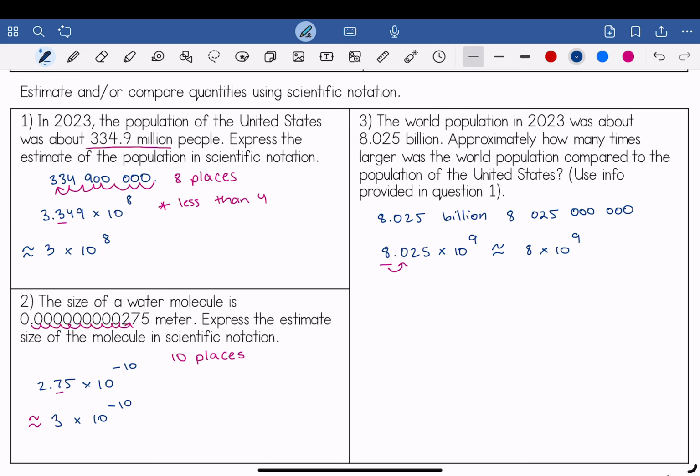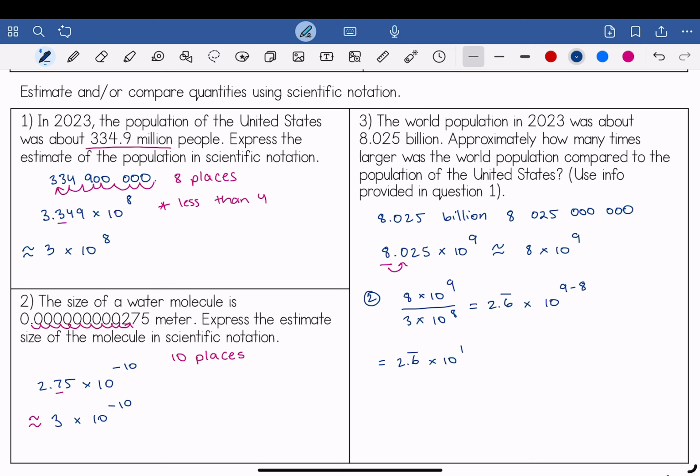So now step 2, I'm going to divide the larger number by the smaller number. So 8 times 10 to the power of 9 divided by 3 times 10 to the power of 8. 8 divided by 3 is 2.6 repeating, times 10 to the power of 9 minus 8, as we subtract the exponents because there's division and the base is the same, which equals 2.6 times 10 to the power of 1.